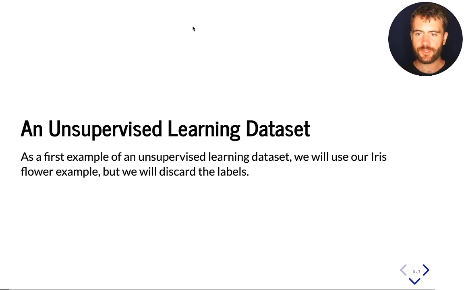So to make this a little bit concrete, let's look at an example of a data set and an algorithm and see the kinds of results that they would give us. So for our unsupervised learning data set, we are going to use the iris flower data set, which we have already seen several times in the supervised learning part of the course.